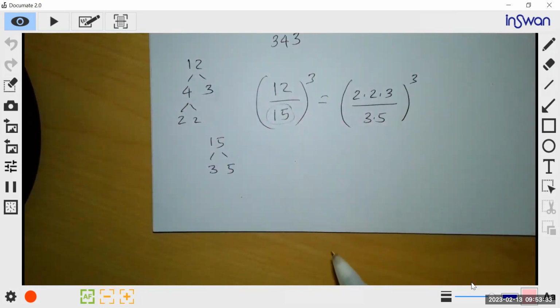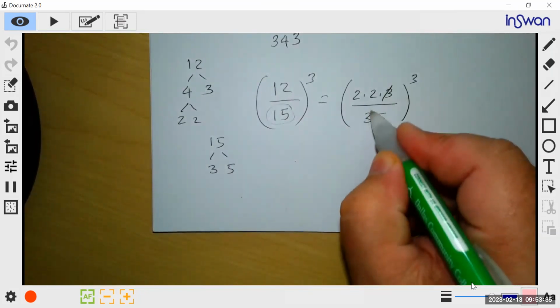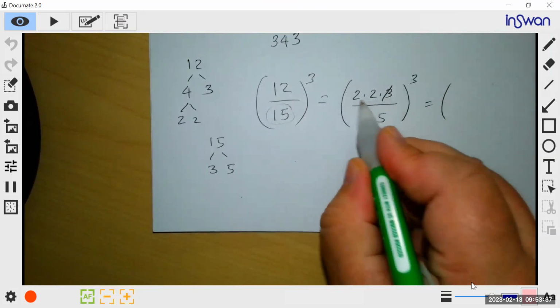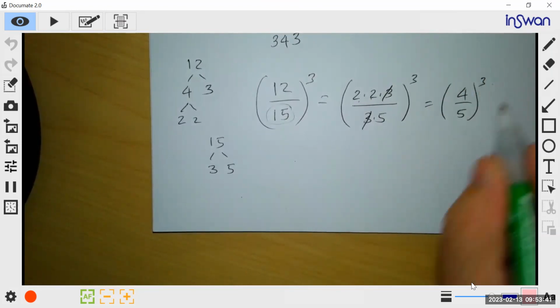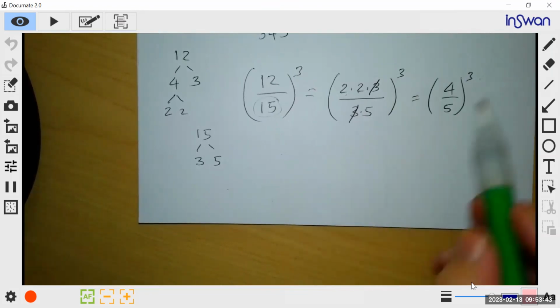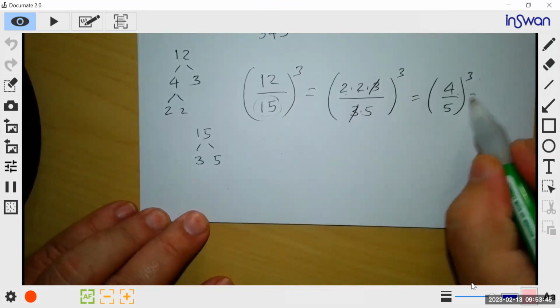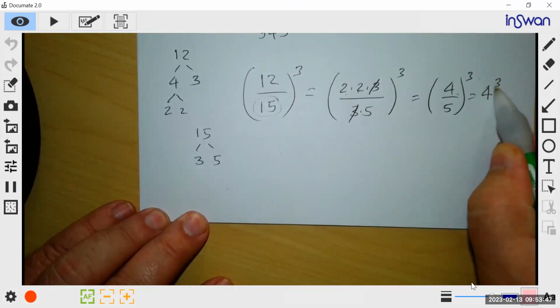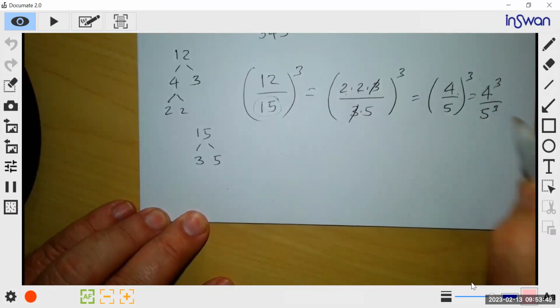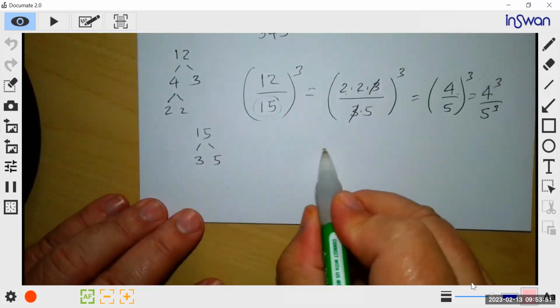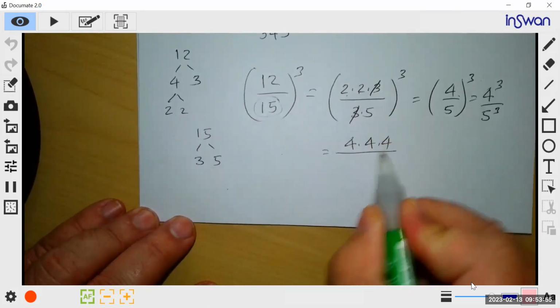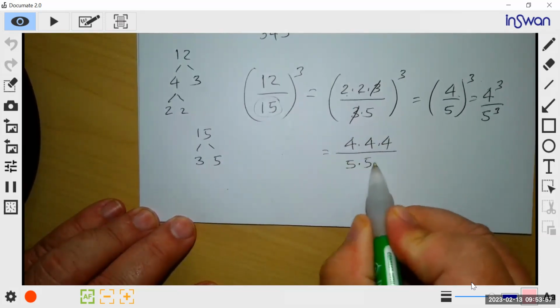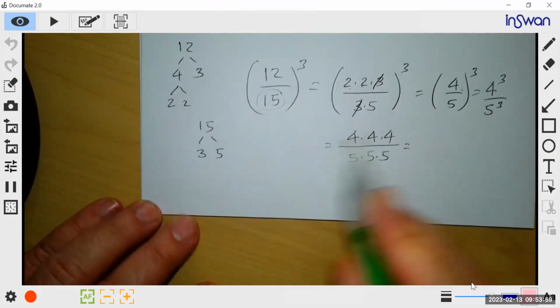Can anything cancel? So we have 2 times 2 is 4 over 5 to the 3rd. Since nothing else cancels, once I do this, 4 times 4 times 4, 5 times 5 times 5, nothing cancels.